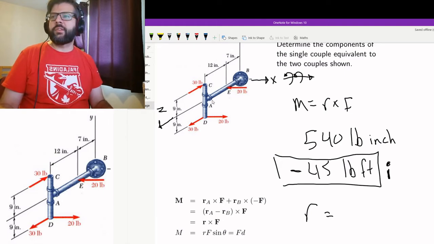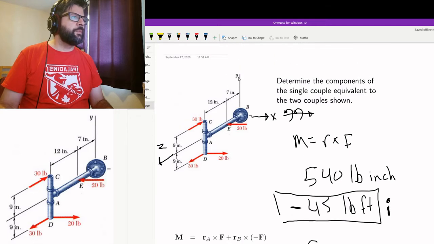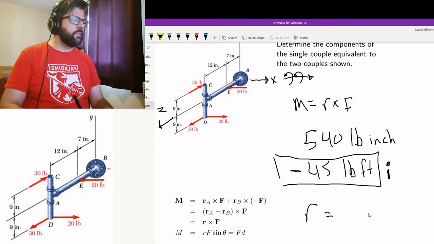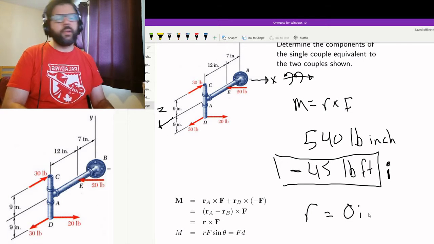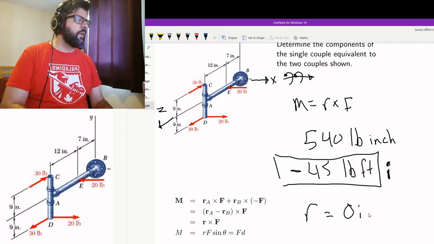X displacement doesn't change there. Our Y displacement is next. So we're going from here downwards. So our Y displacement is going to be, actually I'll put 0 at i. Sometimes you wouldn't bother writing that, but for the sake of completeness, minus 9 inches j.